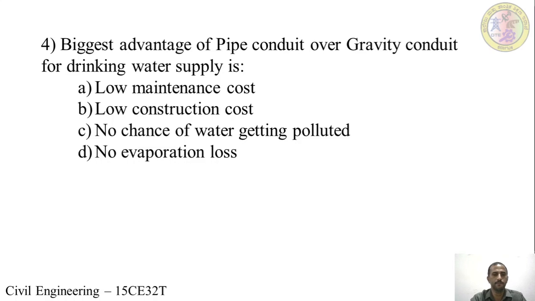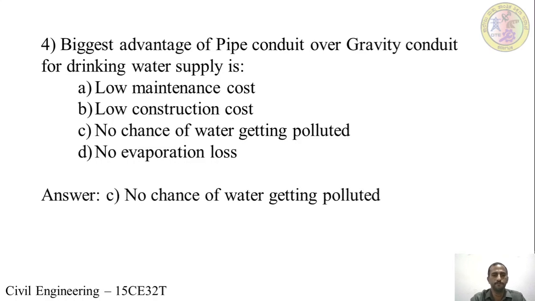The answer is C. no chance of water getting polluted. Although all A, B, C, D points are advantages of pipe conduits over gravity conduits, the biggest advantage is that in pipe conduits there is no chance of water getting polluted.